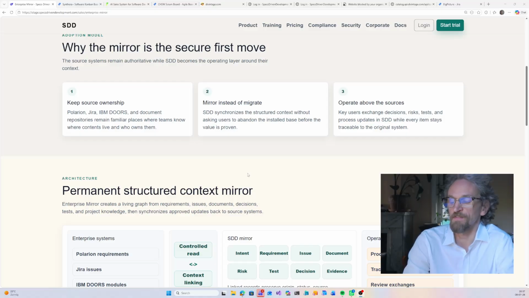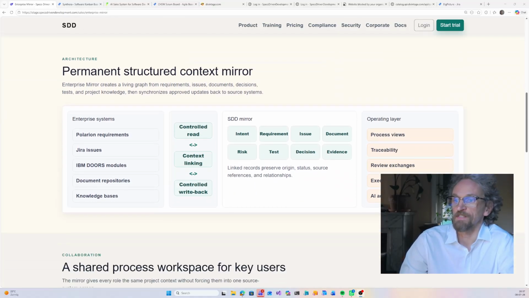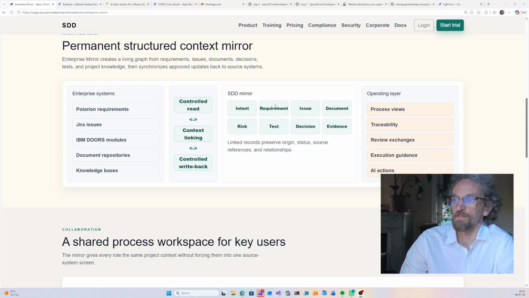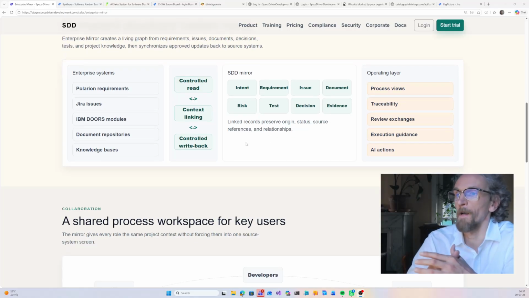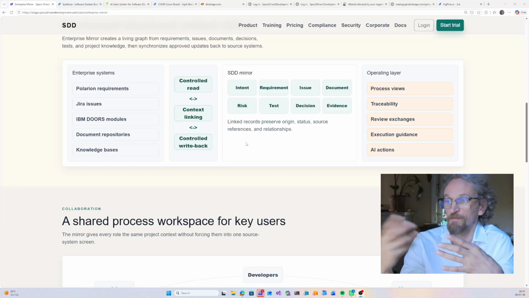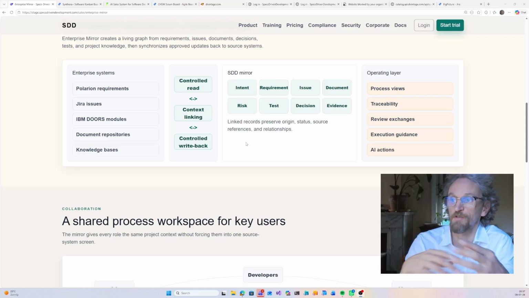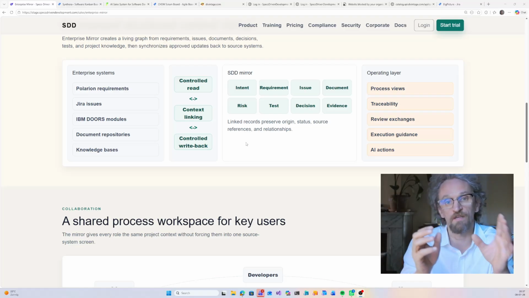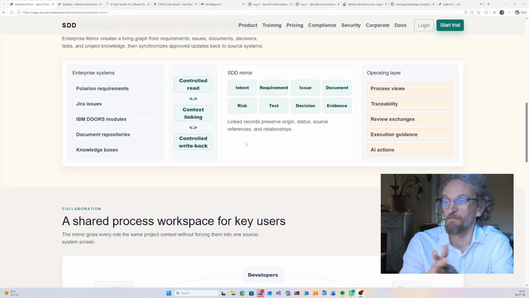And the SDD format is a very large process with some very detailed elements like intent, requirement, but also specification, acceptance criteria, issue, document, risk, test, decision, evidence, and many more, that I spent the next nine months developing to understand exactly the data structure.